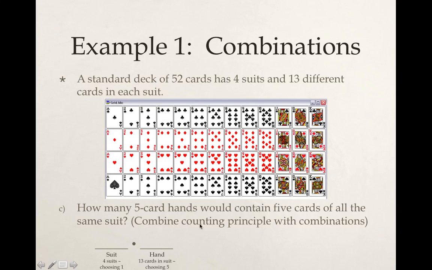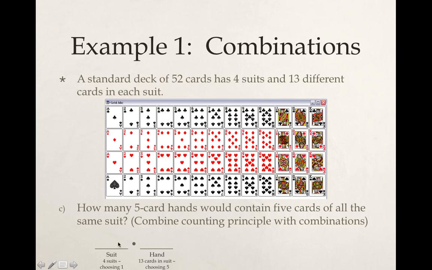So in this case, we're actually going to combine what we know about counting principle with what we're doing here with combinations. And so we set up the counting principle by looking at the 2 things we're trying to do. We're trying to get a 5-card hand, but we're also trying to get them all of the same suit. So I've made a blank here to represent the suit that we get, and then a blank here to represent the 5-card hand that we get.